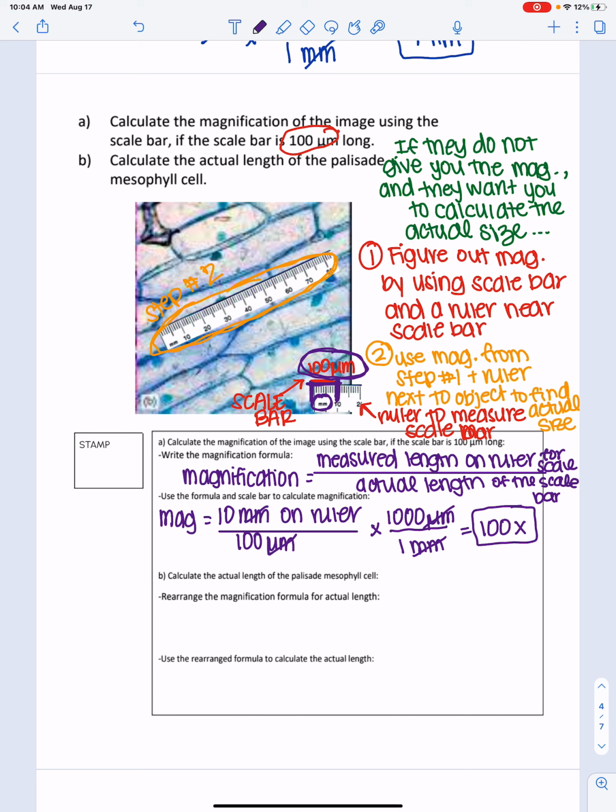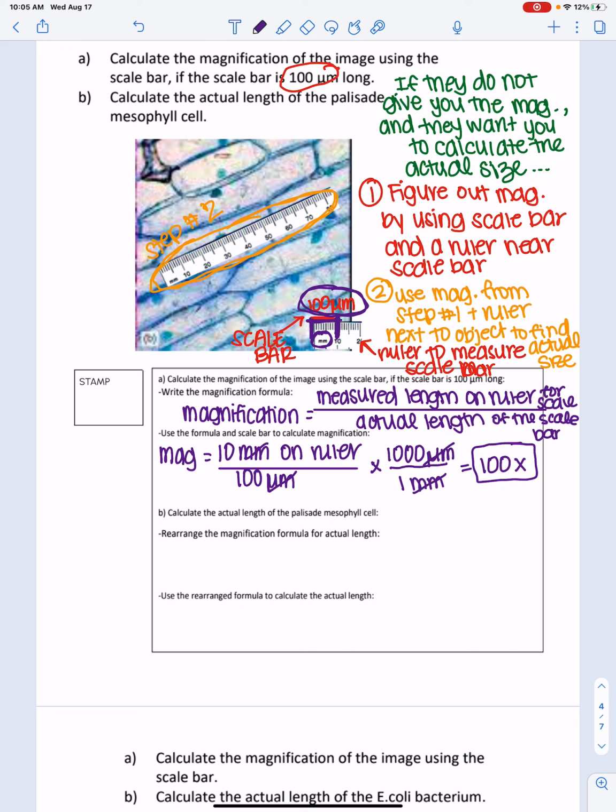Now that we've figured out the magnification, we have everything that we need to go in and actually figure out the size of this cell. We had to figure out how enlarged the image was in the first place, which is what we used the scale bar for. So now I'm going to use a different color here. We are going to use the formula that we used earlier, except this time we're going to use it for the cell.